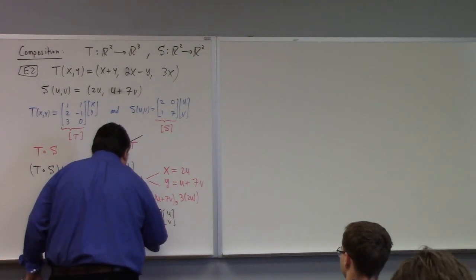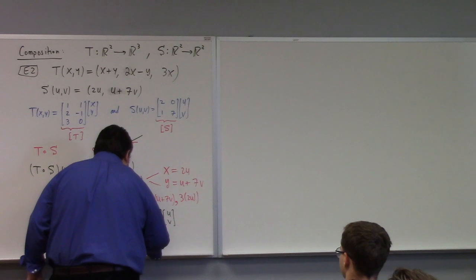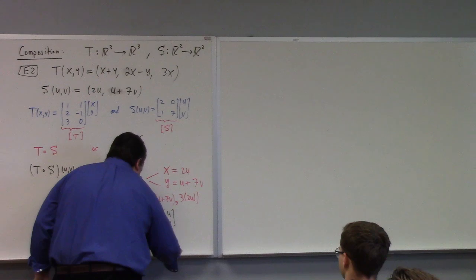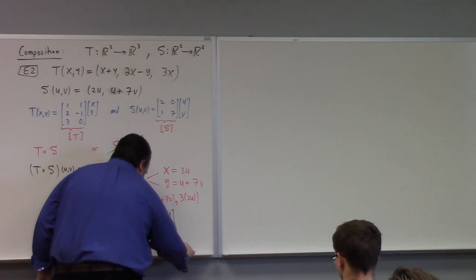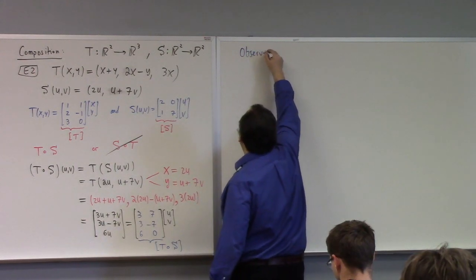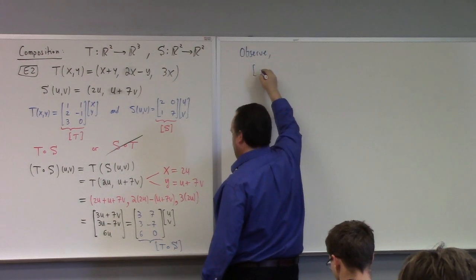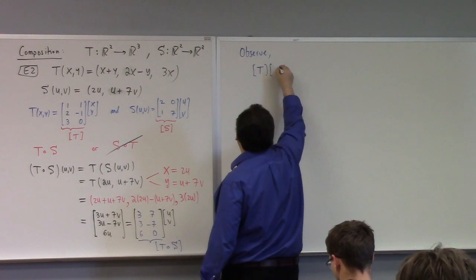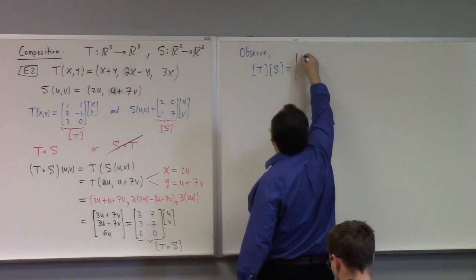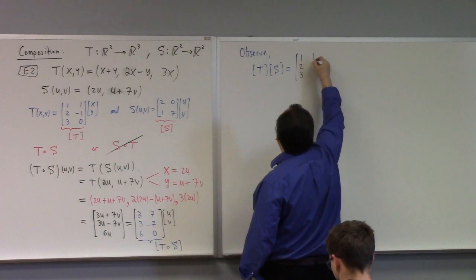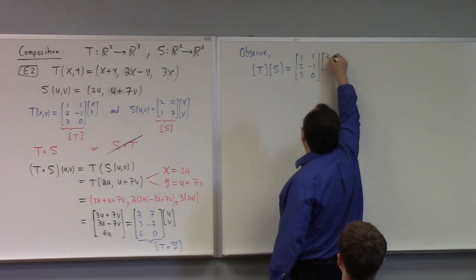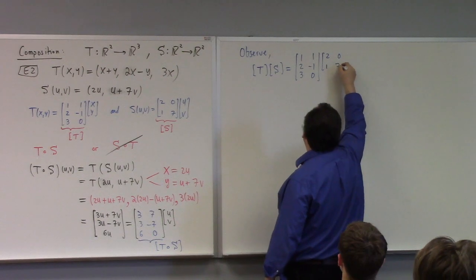All right. Very good. So this would be the standard matrix of T composed with S, right? Observe, if we take the standard matrix of T times the standard matrix of S, what do we get? Standard matrix of T was 1, 1; 2, minus 1; 3, 0, and S was 2, 0; 1, 7.